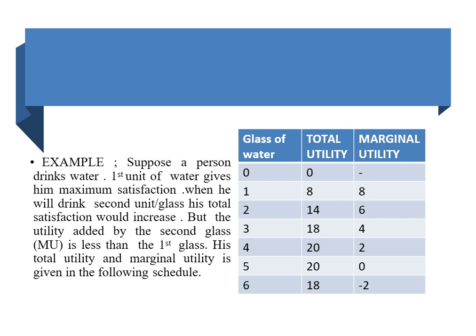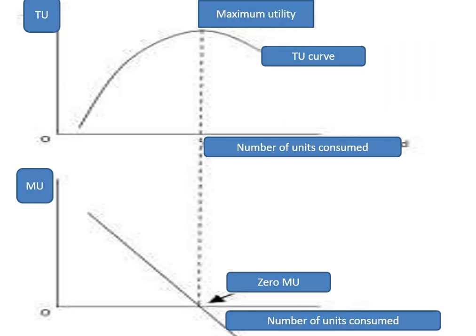So now let's discuss all this in a graph. As you can see, on the y-axis we have taken total utility, and on the x-axis we have the number of units consumed. We plotted all the utility and number of units, and we joined all of these points and we have the total utility graph.